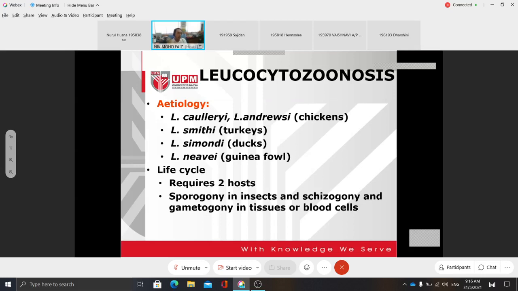So the reason why this is quite common and endemic in Malaysia, especially in the northern region, Okay, northern region. This has always been reported in the Kedah area. Kedah is one of the biggest producers of poultry, and at the same time, they are also one of the big producers of rice, and then they have a lot of paddy fields.